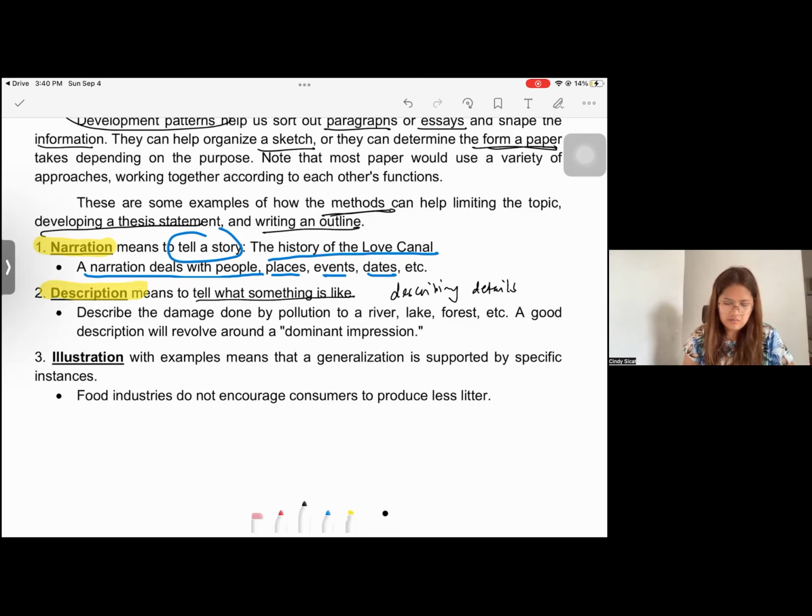Describe the damage done by the pollution to a river, lake, forest, etc. A good description will revolve around a dominant impression. So if you're talking about the pollution done by a river, you could actually use imagery or words that appeal to the senses. Just like what?